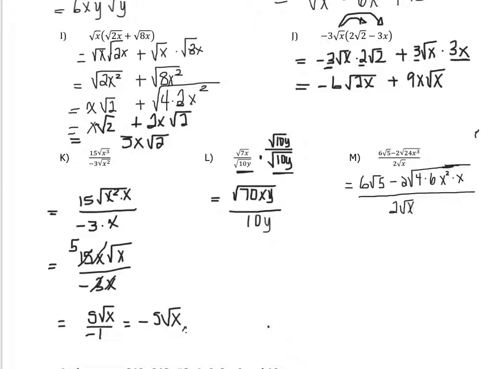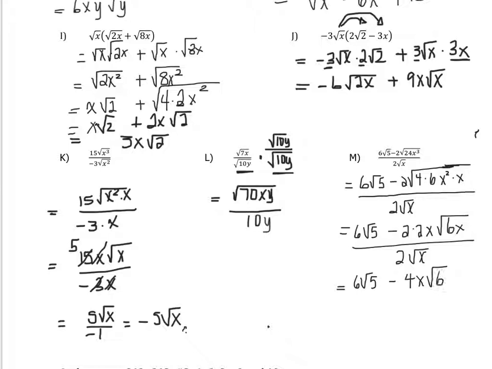So we're just going to simplify that second radical on the top first. So this would be 6 root 5 minus, this becomes 2 times 2, the square root of 4 comes out, the square root of x squared comes out as x, and you're left with 6x inside, all over 2 root x. So then you've got 6 root 5 minus 4x root 6x over 2 root x.